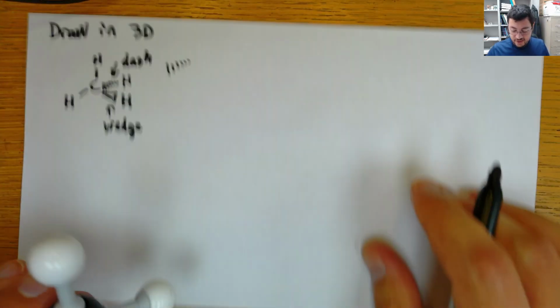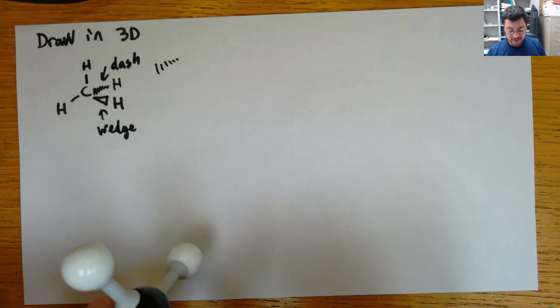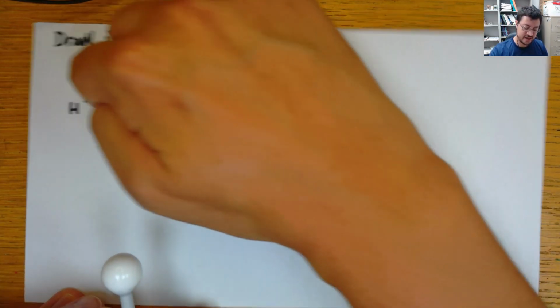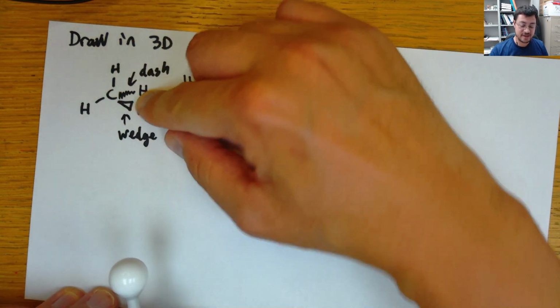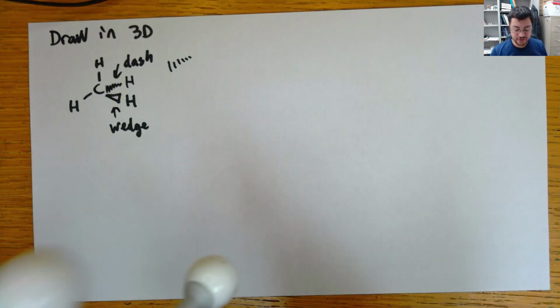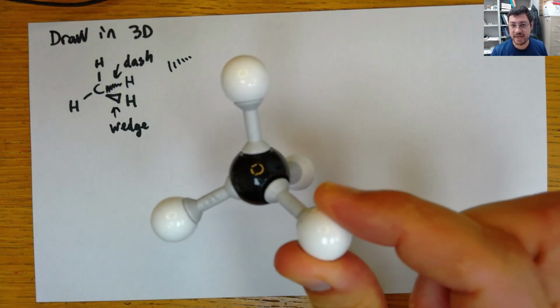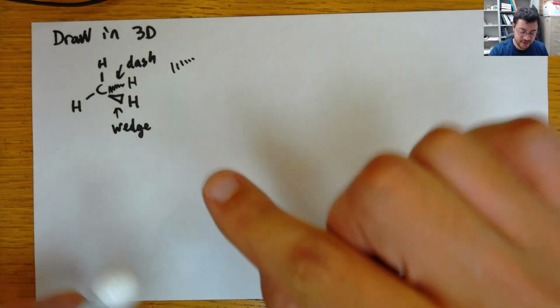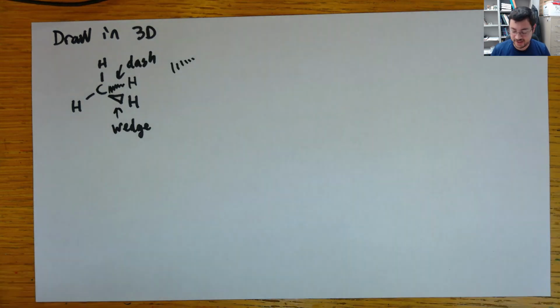The way we try to make you see that the wedge is getting bigger is it starts small and gets bigger as it goes out. The idea there is as something gets closer to you, it appears bigger to you. The opposite idea for the dash: as something's going away from you, it appears smaller, more out in the distance.